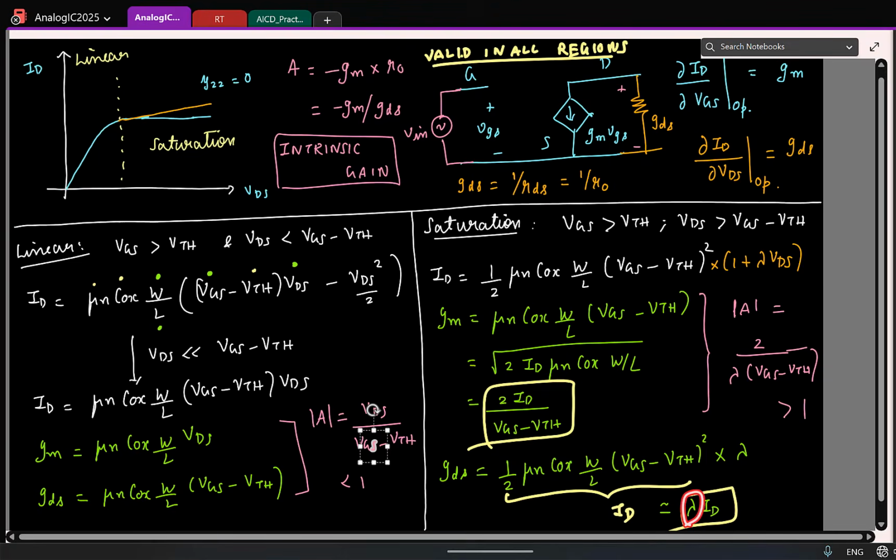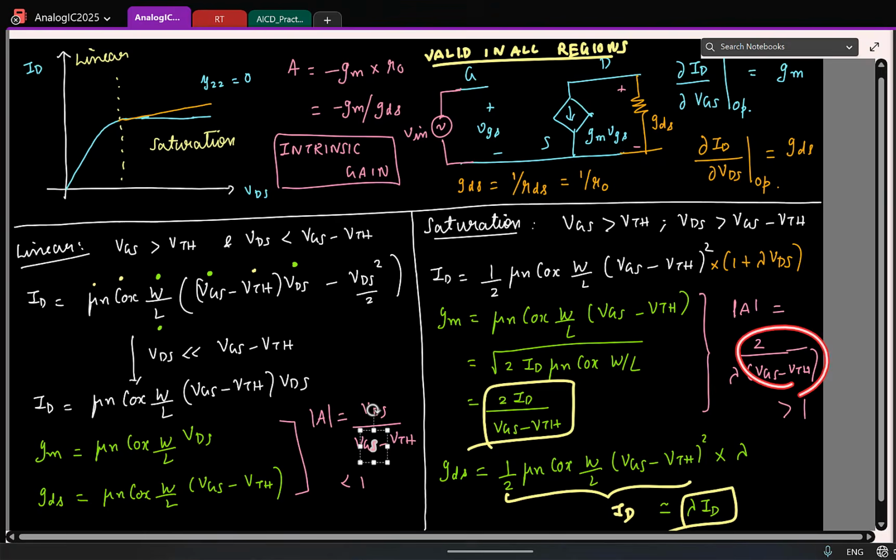GDS is lambda times ID. And ideally, what do you want lambda to be from this equation? Ideally, I don't want drain current to change with VDS. That's when you get zero slope. So ideally, what should be the value of lambda? It should be really small. So this will be really small that it becomes greater than 1. That's the catch. It is not because of this fellow.